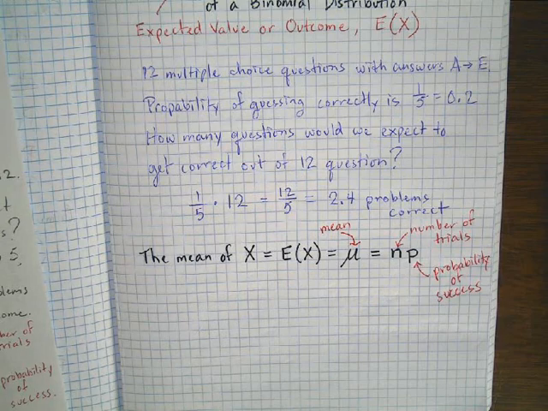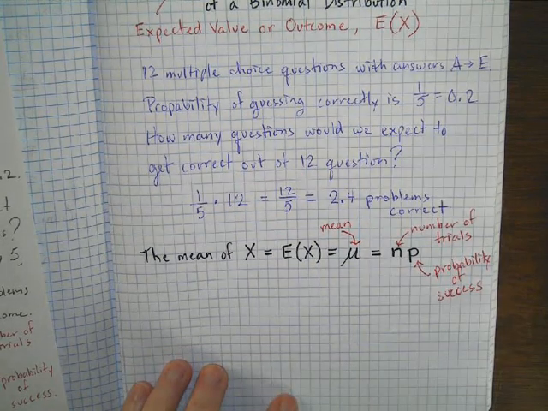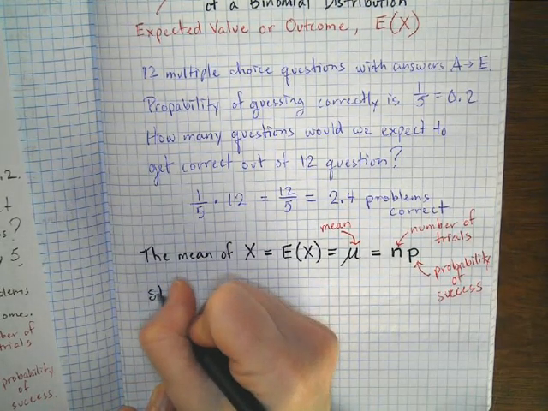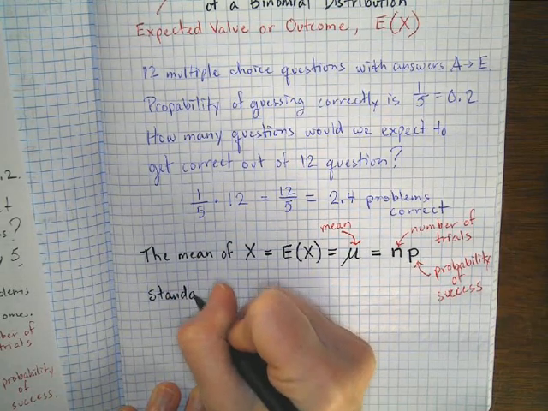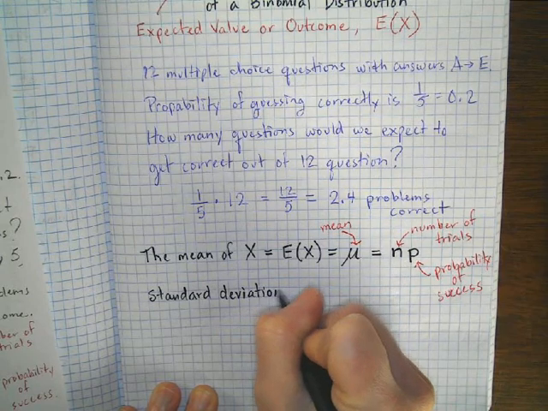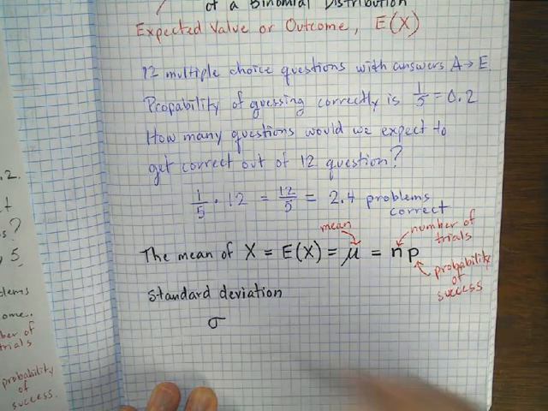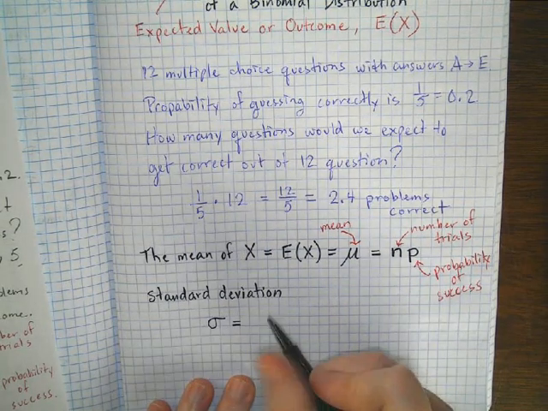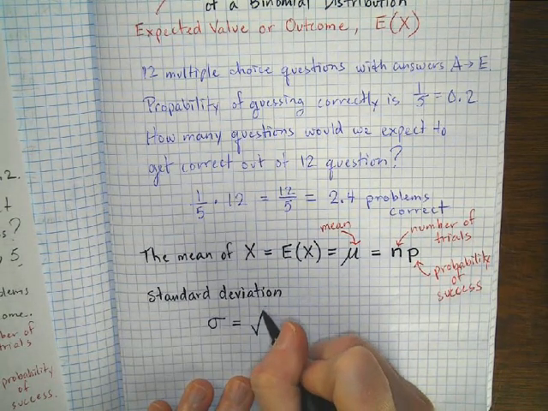So what's the typical spread of the probabilities, and the variance, which is just standard deviation squared. Okay, so to find standard deviation, we are going to say standard deviation. Let's write it out. It uses the same symbol, but for a binomial distribution, we actually have a nice little formula that we're going to use.